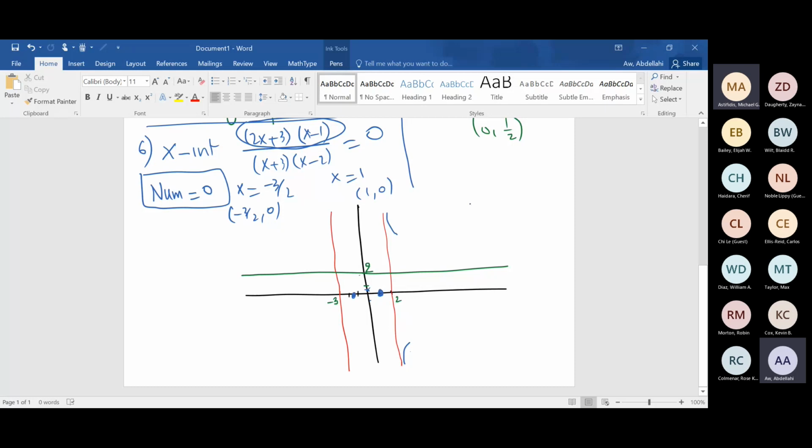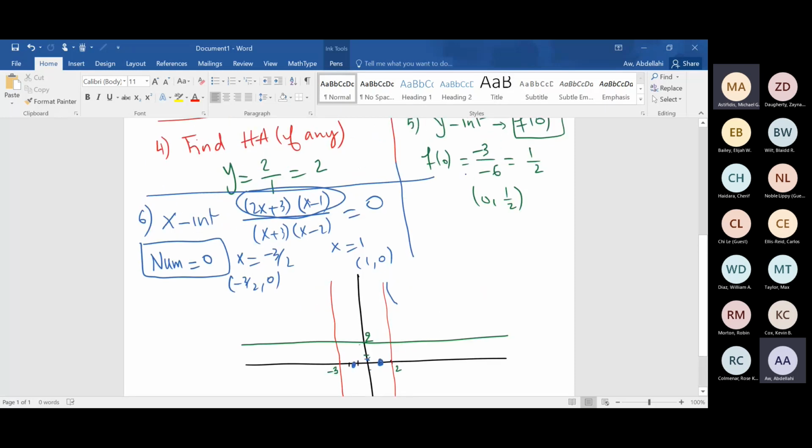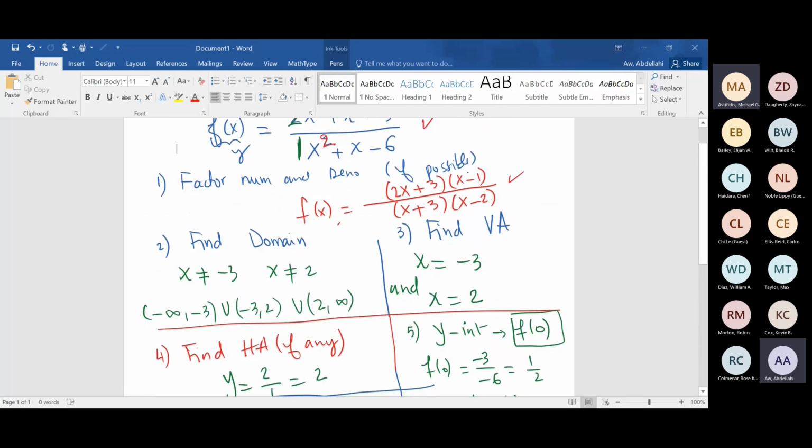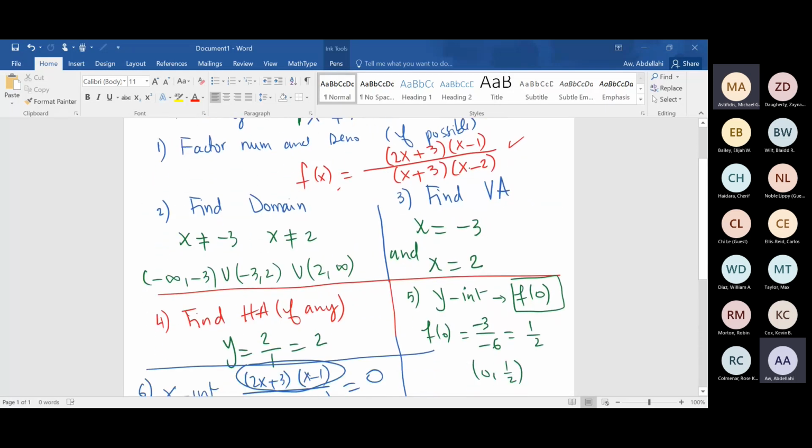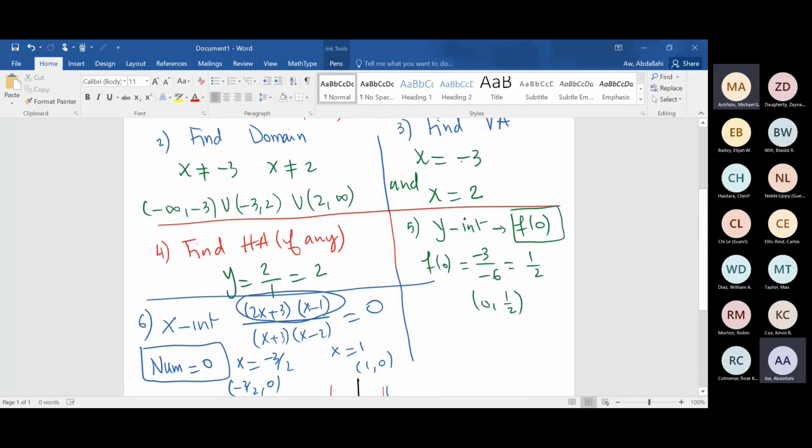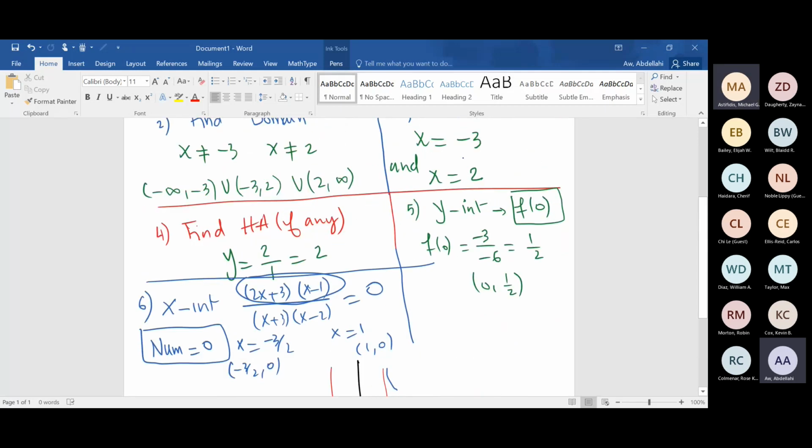I just plug in a number close to 2, for instance 2.1. If I get a positive number, my graph will be above. If I get a negative number, my graph will be below.